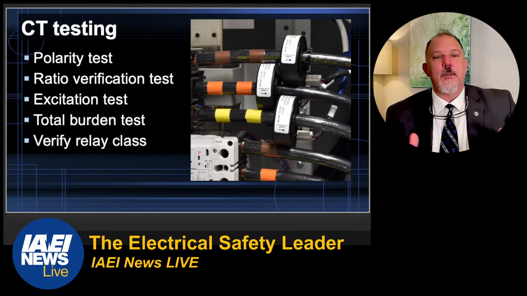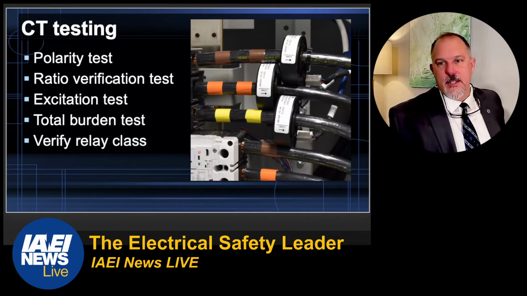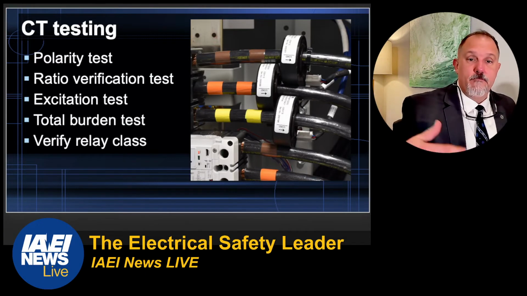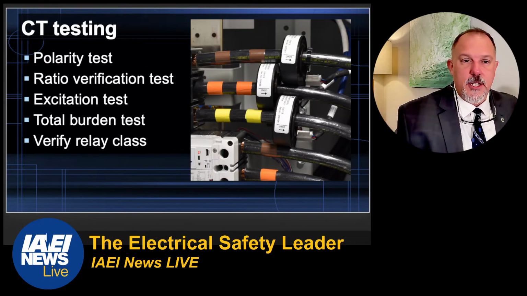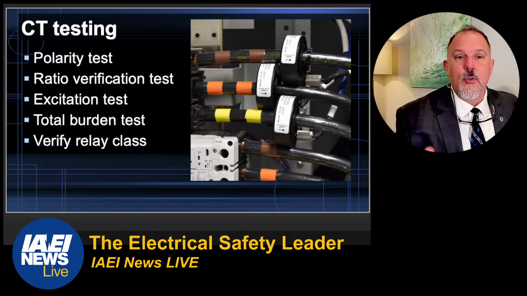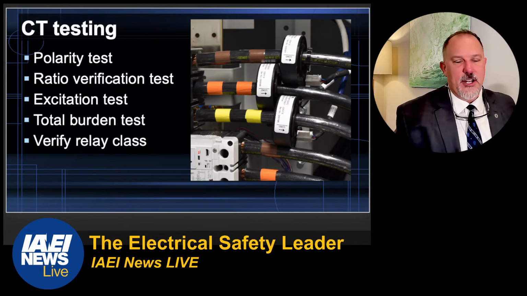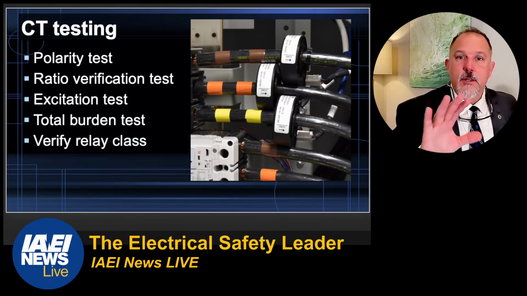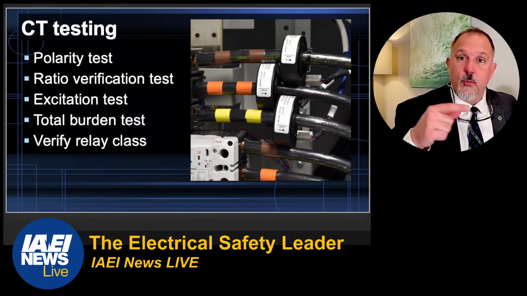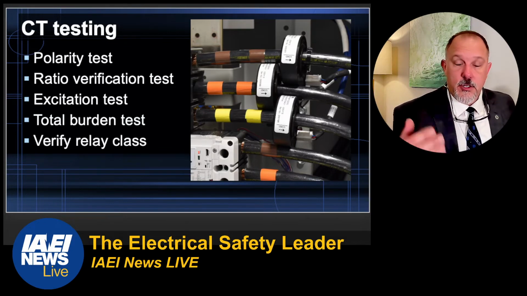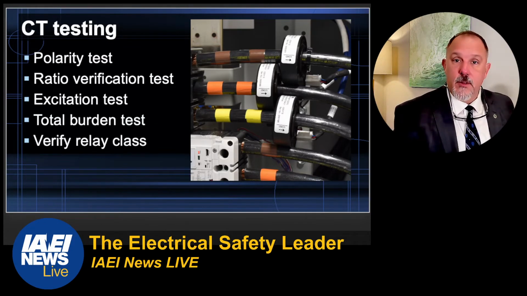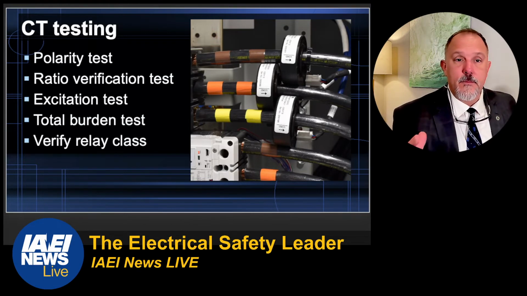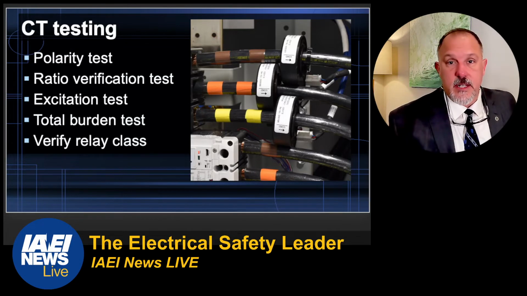I've had debates with various individuals on what level you need to go to feel comfortable with the technology. Do you have to do a total burden test? Maybe not. It's up to whoever is doing the testing. There's nothing in the code that says what test you have to do. There's just a line item that says you have to test this and verify it's working appropriately, and different individuals will go through different extents of testing.